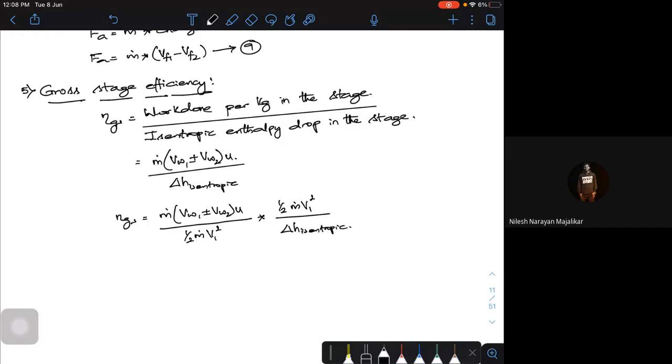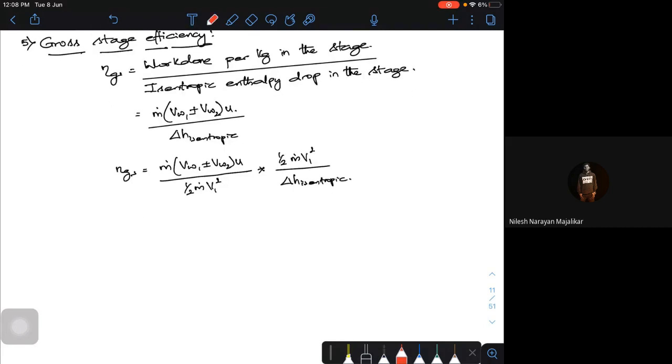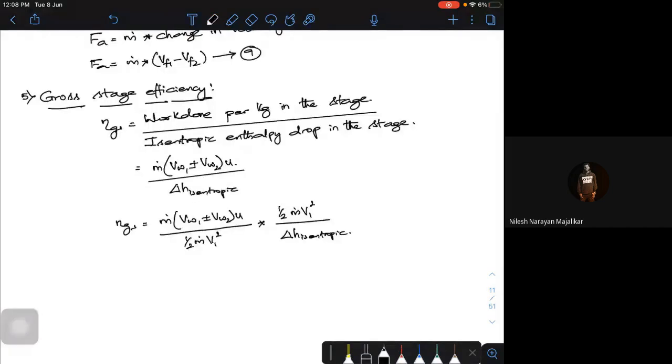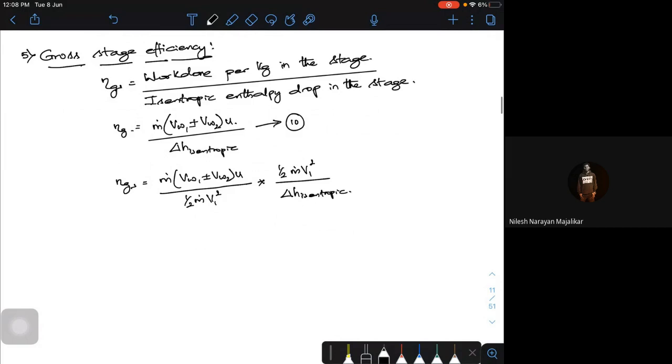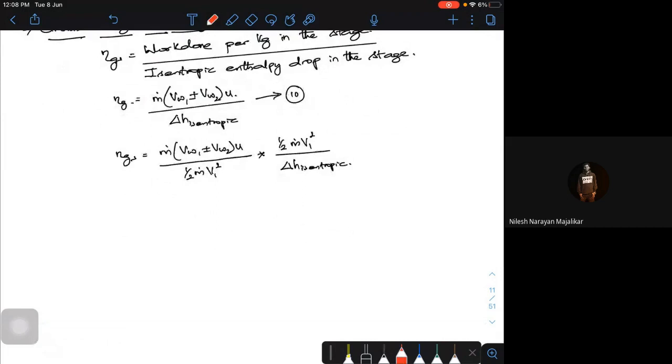The first expression I wrote is sufficient for you; I'm just trying to give some extra information. This is your blade efficiency and this is your nozzle efficiency. So the gross stage efficiency is equal to the blade efficiency into the nozzle efficiency.